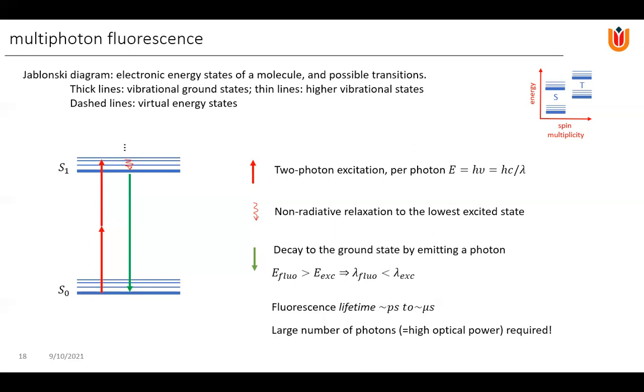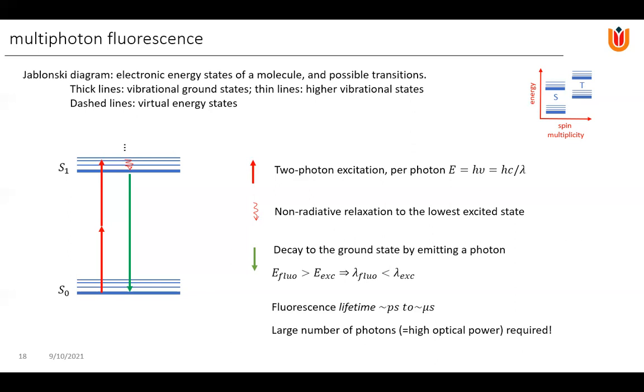So I'm not just using one photon to bridge that gap to the higher state, but two photons simultaneously, so the energy is simultaneously transferred. So you can basically get the same effect, using two photons that each have half the energy, or twice the wavelength.